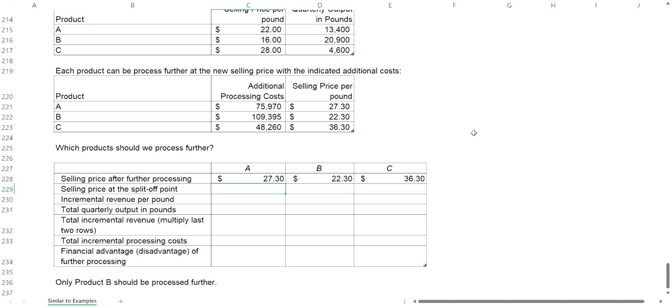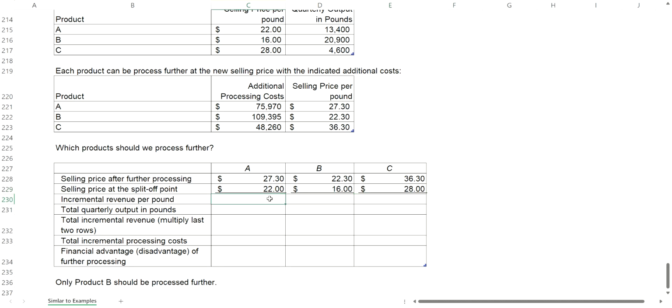Now we'll fill in the selling price if it is not processed further. Right here is the information for that. So product A is $22. Product B is $16. And product C is $28.